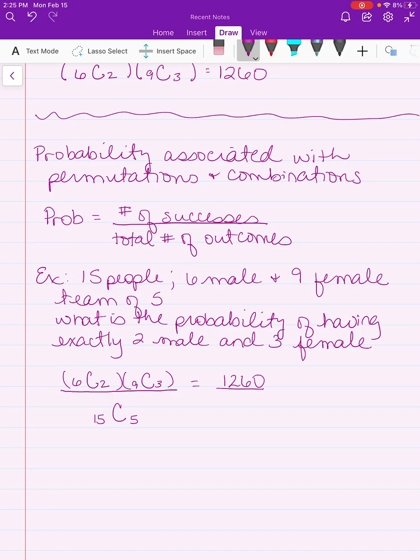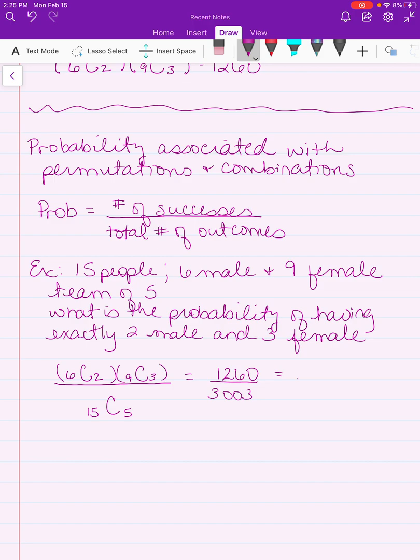The bottom number, if I have 15 people and I'm going to select 5 of them, that's 3,003. So my probability of this happening would be 0.4196.